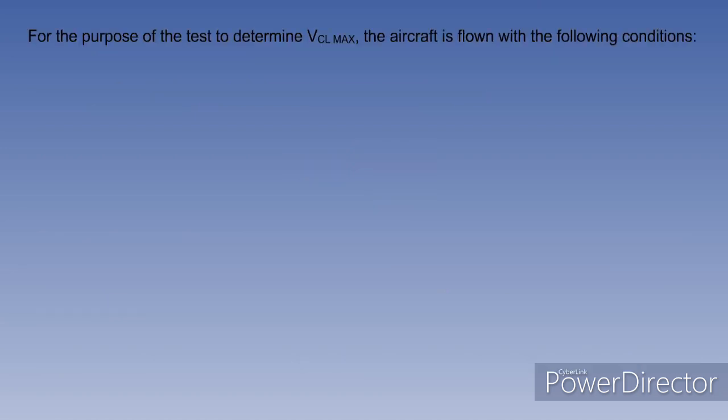For an aircraft without a stick pusher, the speed at which it reaches its CL max at 1g, in other words its 1g stalling speed, can be considered to be its VSR.